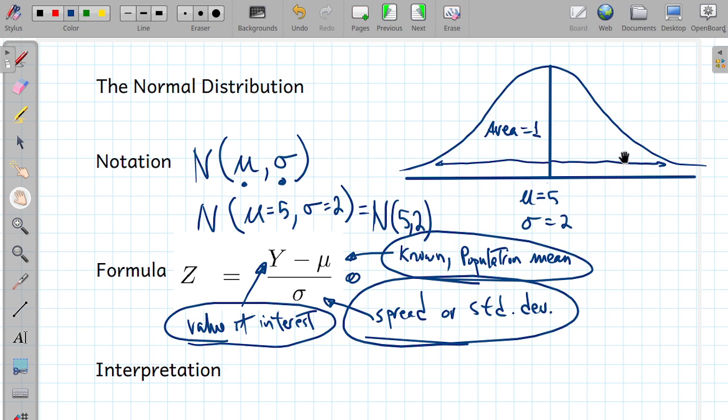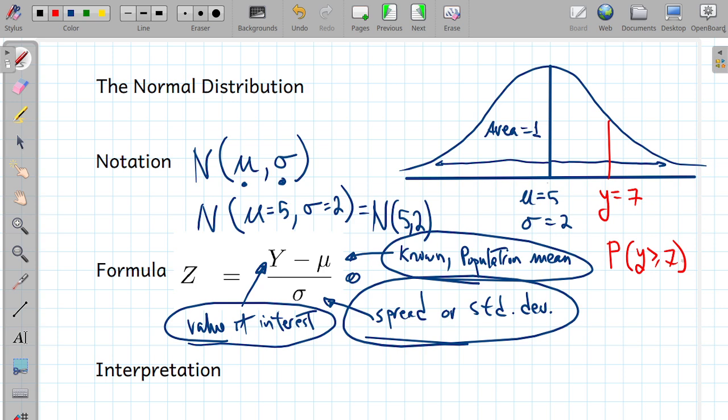Okay, so what am I talking about here? Well, here's the center. Now, let's use red for this one. Let's say I am interested in a y value that is larger than 5, let's say it's 7. So the question might be, what is the probability of y being greater than or equal to 7?